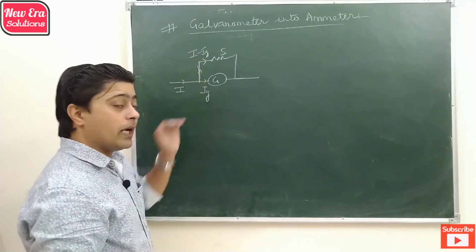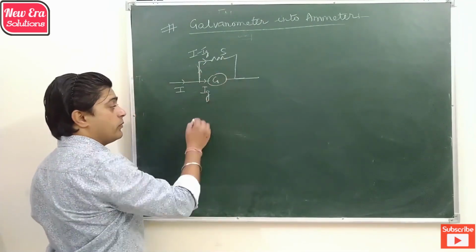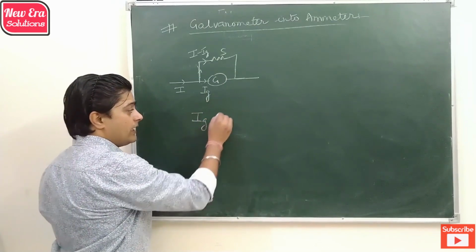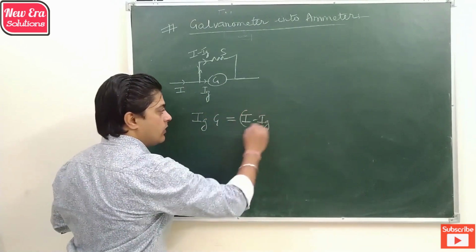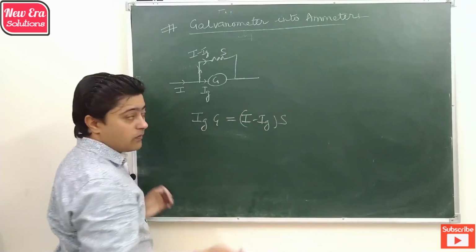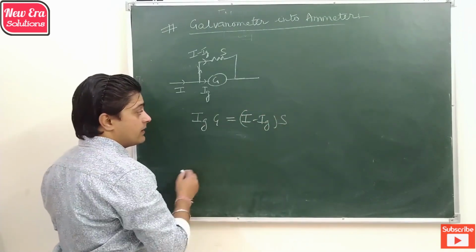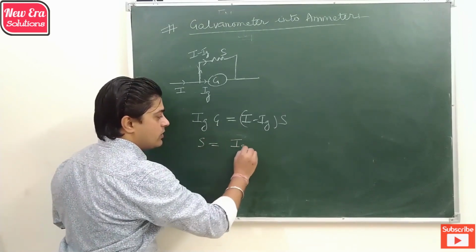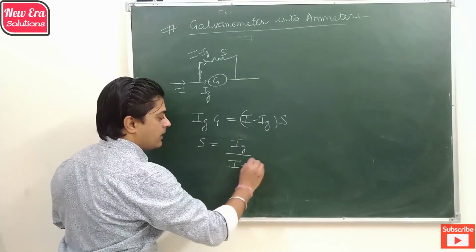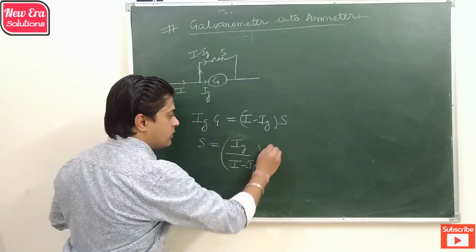As we know, in a parallel combination, the potential across both the devices is the same. So Ig into G is equal to I minus Ig into S. Current into resistance gives the potential of both the devices. Then the shunt is equal to Ig upon I minus Ig into G.